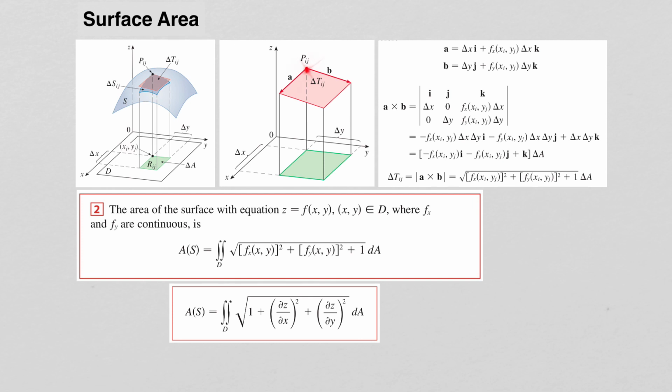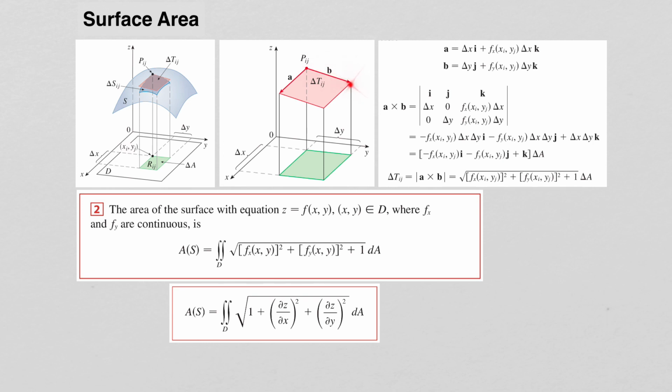And then the change in z is going to be the slope of this vector here multiplied by delta x. And so the vector A can be described as the vector delta x, 0, and then fx multiplied by delta x. That's what you see right here.